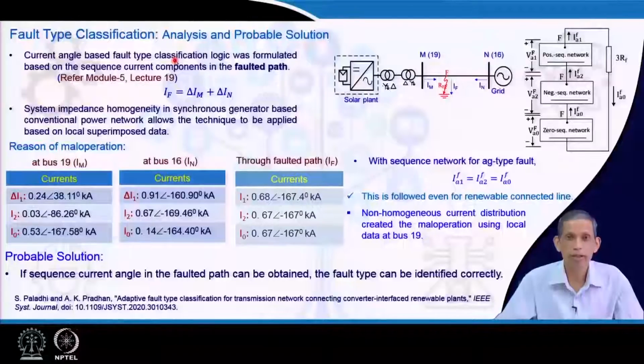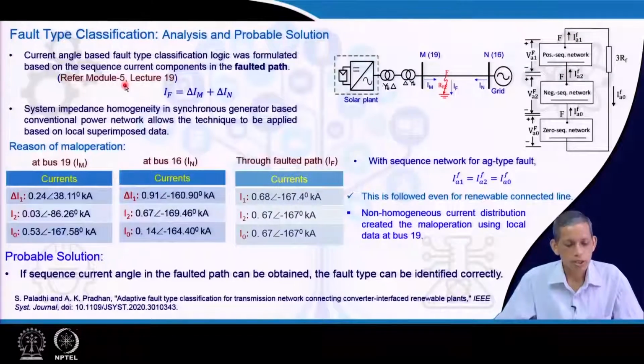Now, we will try to analyze this. This current angle based fault classification logic, if you remember, started with the fault current passing through the faulted path and the corresponding network positive sequence, negative sequence and zero sequence.